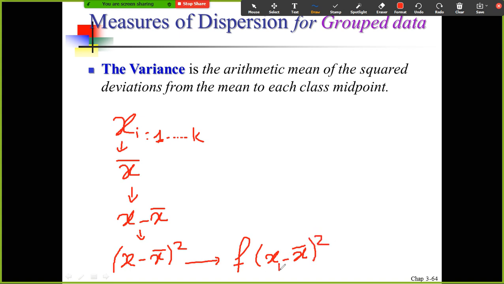If it is midpoint class 1, this is frequency class 1. Midpoint class 2, this is frequency class 2. Midpoint class 3, this is frequency class 3. Okay? And next we add them together.